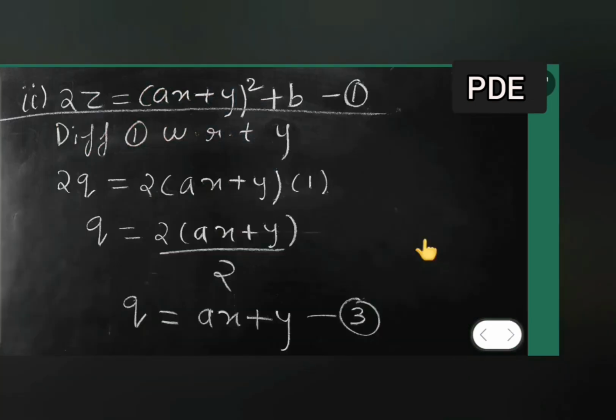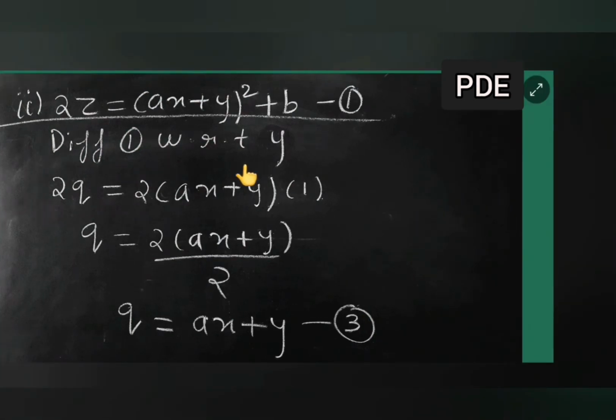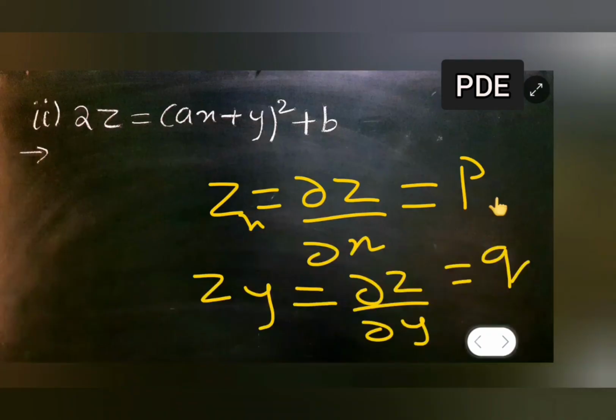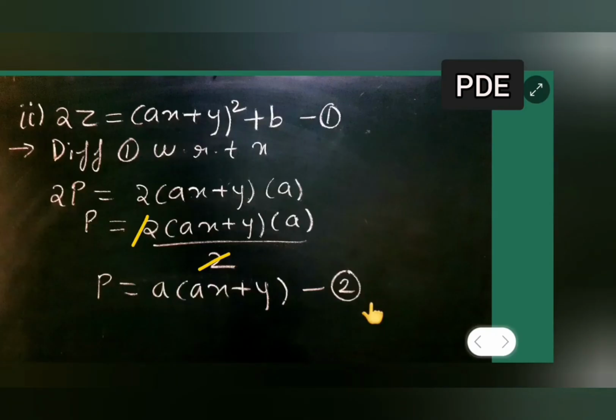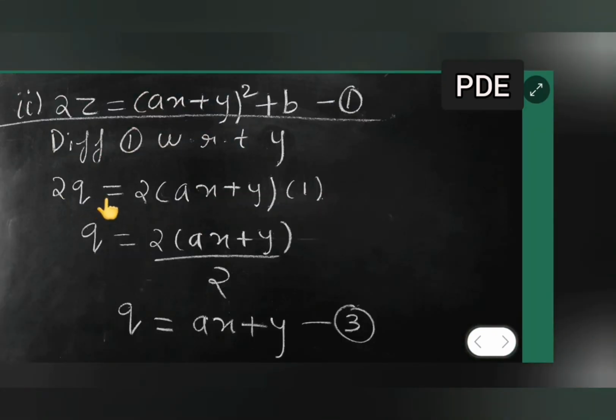Next, now I'm going to differentiate this one with respect to y. So 2q, what am I going to get? If I differentiate z with respect to y, I'm going to get q. So write down here 2q is equal to twice (ax plus y).